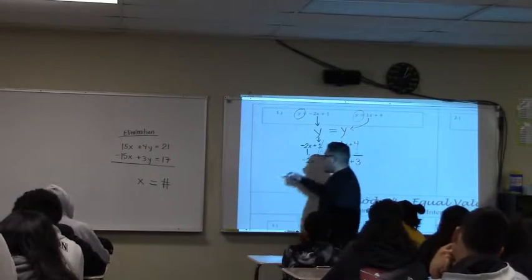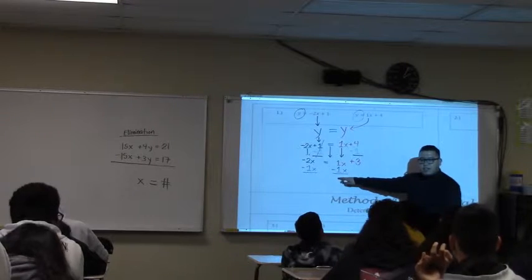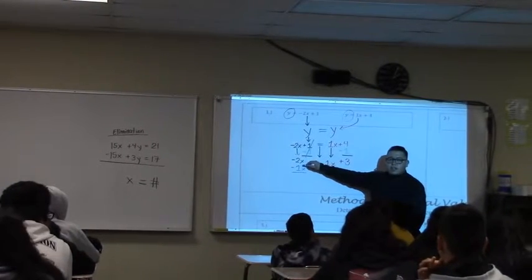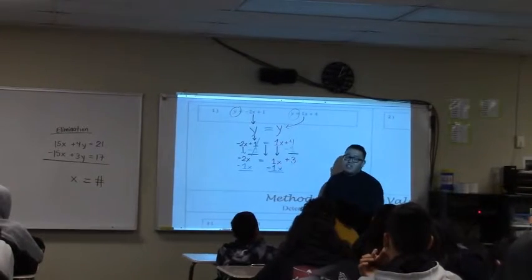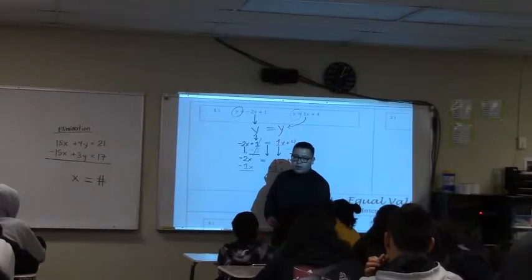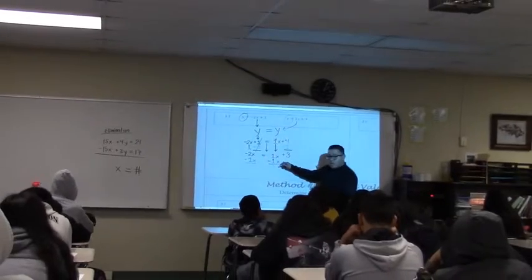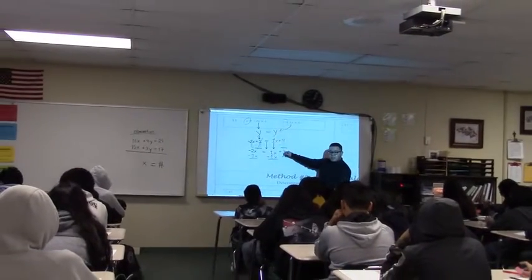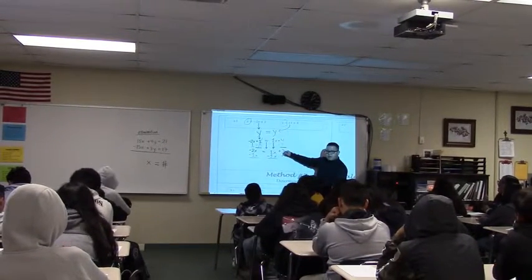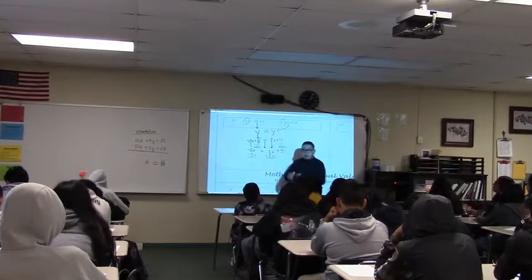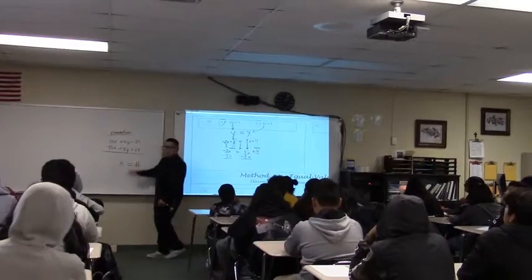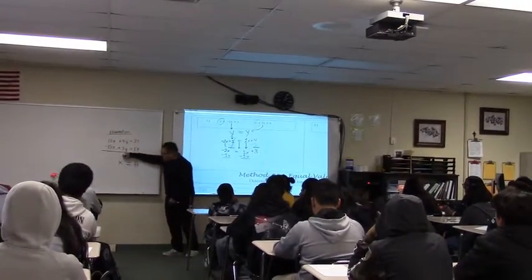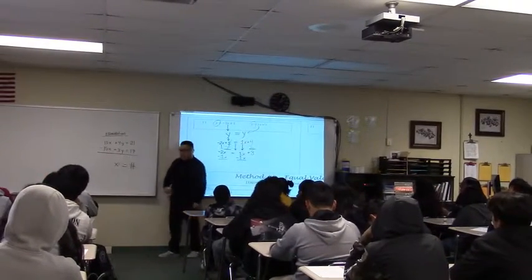If I would have brought this over to this side, what would have been over here, Julian? Nothing. That would have been 0, and I don't like that. Okay? By me bringing this over here, now I have the x and the 3, the number, which I don't want. I want to pull them apart. And I want to have the equal sign in the middle. Okay? So I want all the x's, and I want all the numbers.